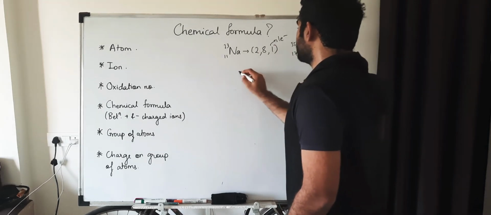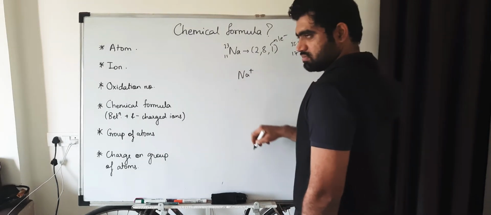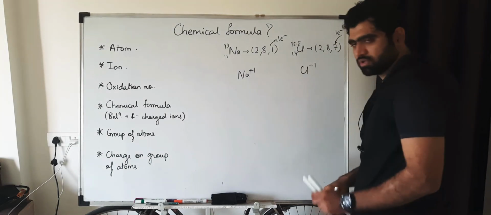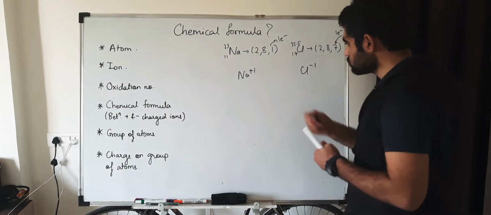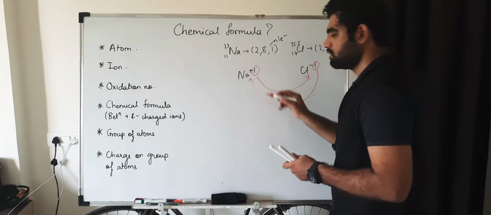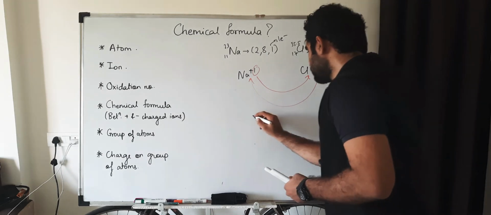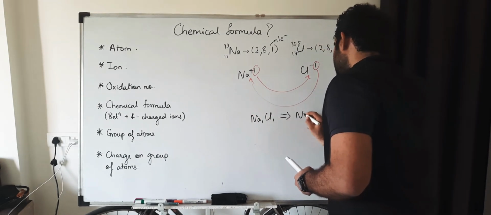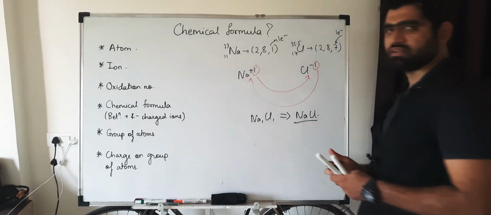Due to donation of 1 electron, Na plus 1. Cl, acceptance of 1 electron, minus 1. So, resulting in formation of Na1Cl1. Instead of writing 1, 1, we write NaCl. See, NaCl is right.